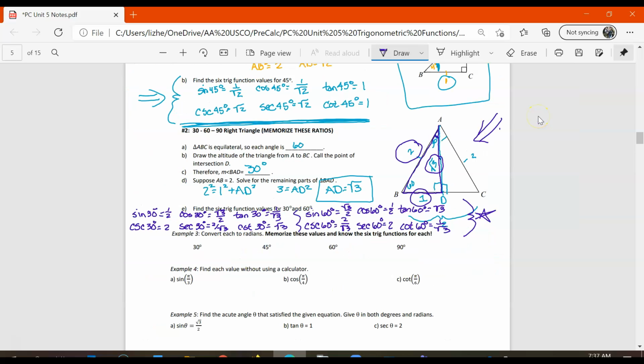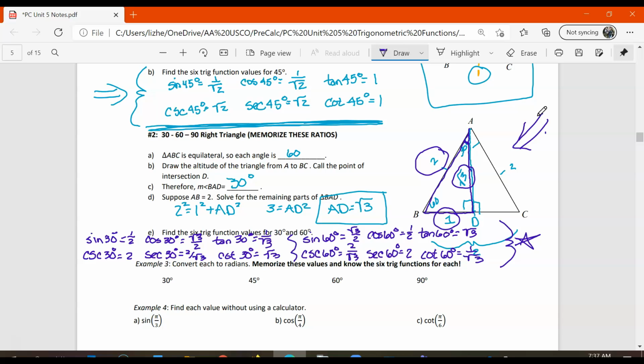Now, next, we are going to convert each to radians. These you have to memorize. Memorize these values and know the 6 trig functions for each. So a 30-degree, just a little review, if I want to transfer this to radians, I would multiply by pi over 180 degrees.